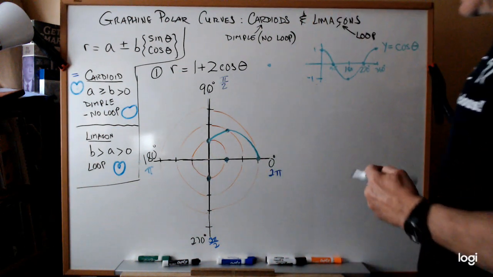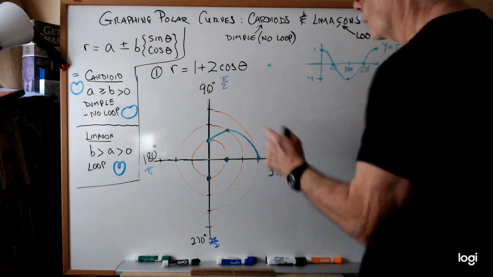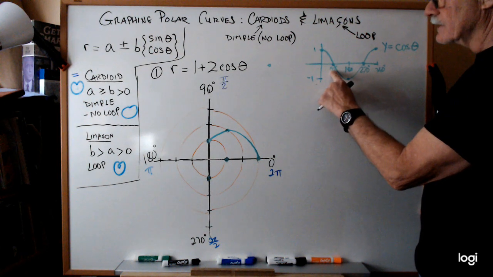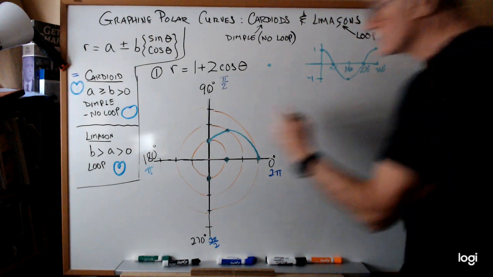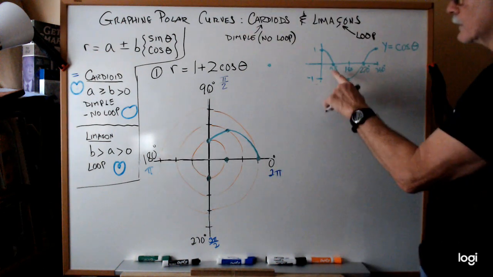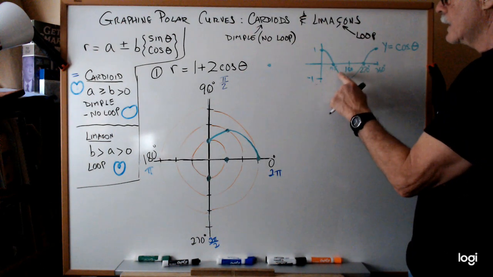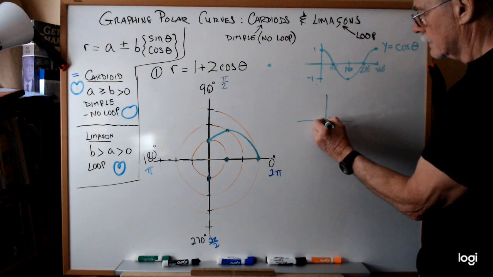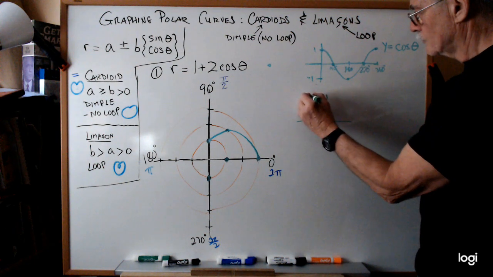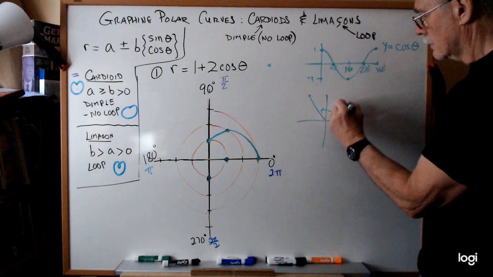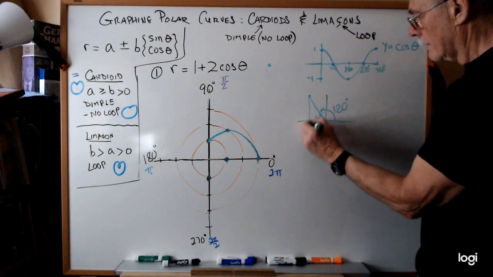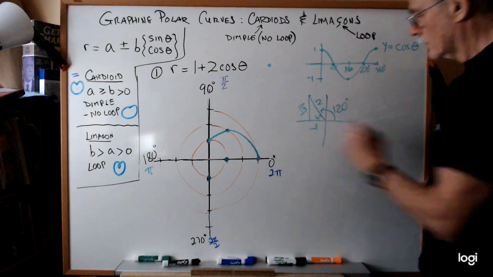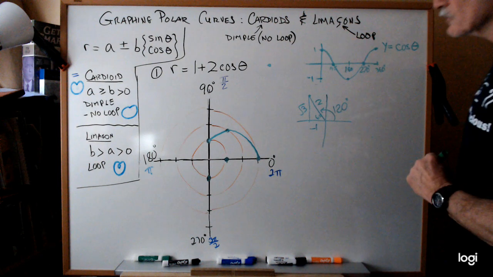Okay, now cosine becomes negative from 90 to 180. So as we go from here to here, the value of cosine is negative. In fact, you should know the cosine of 120 is negative a half.